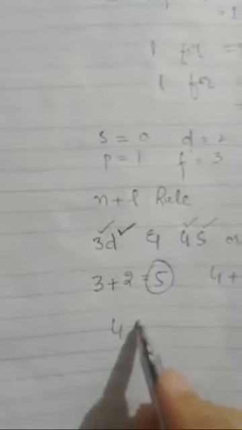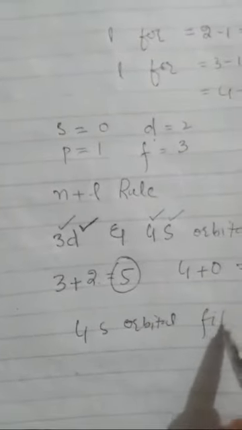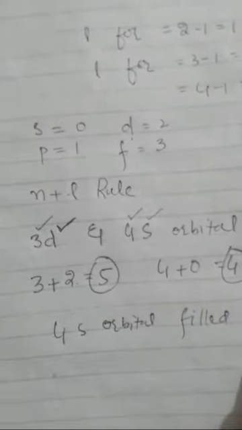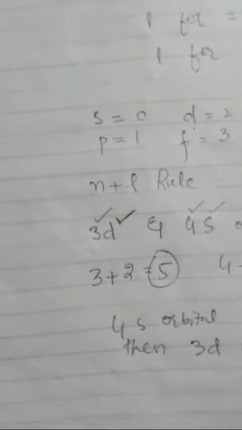So the 4s orbital will be filled first and then the 3d will be filled after this.